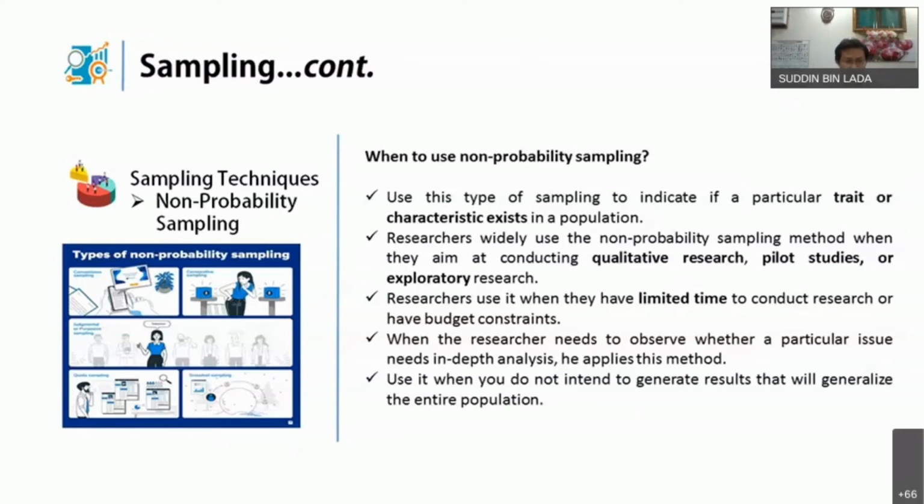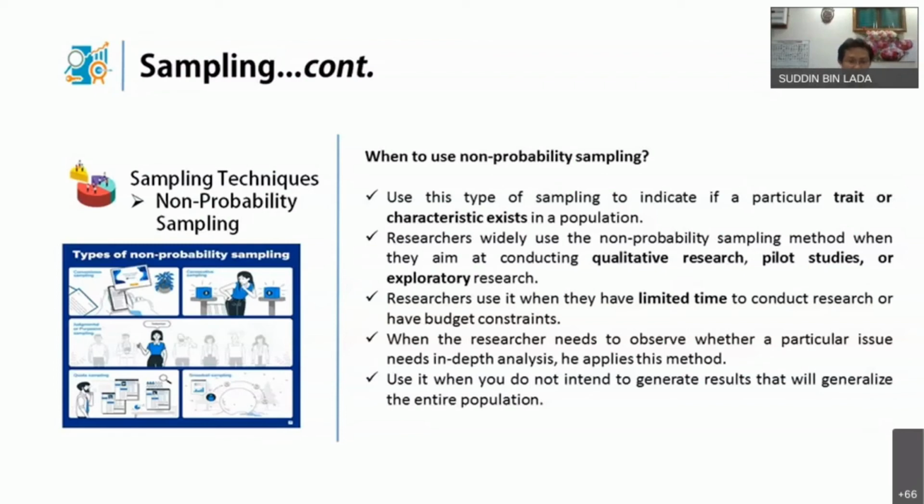Our intention is to know what really happened. So we need to conduct in-depth analysis, maybe interviews, maybe a real survey research on the direct impact to the tourism industry in Malaysia, for instance. So here we need non-probability sampling.